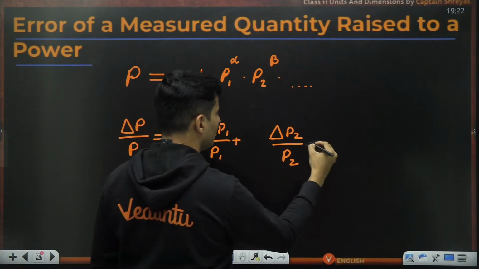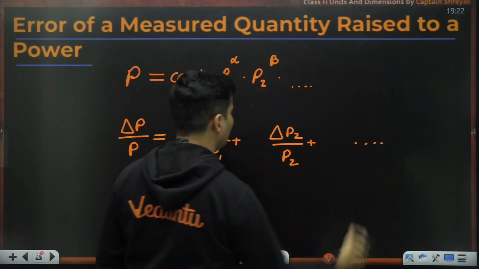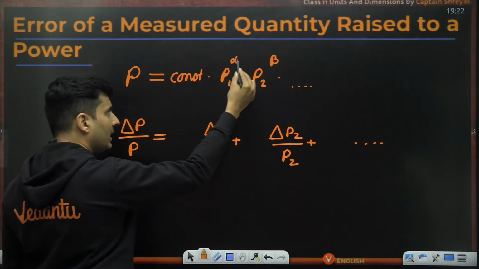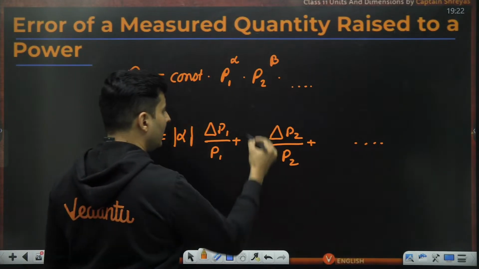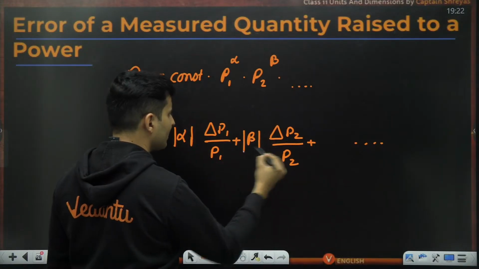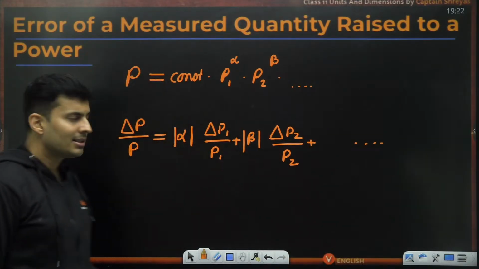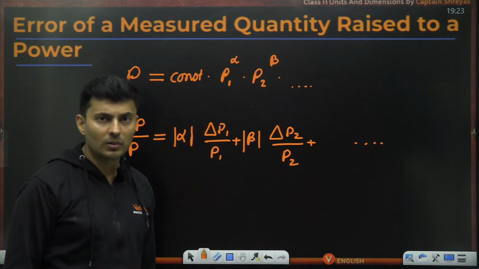You need to keep adding it. But take the power, put it over here with the mod symbol. Take this power with the mod symbol and keep on doing that. That is what the final answer will look like.